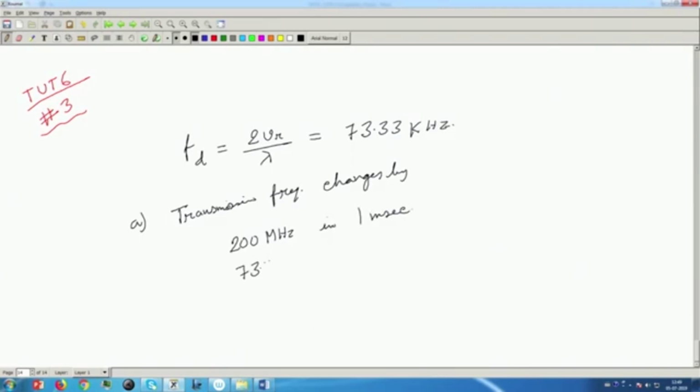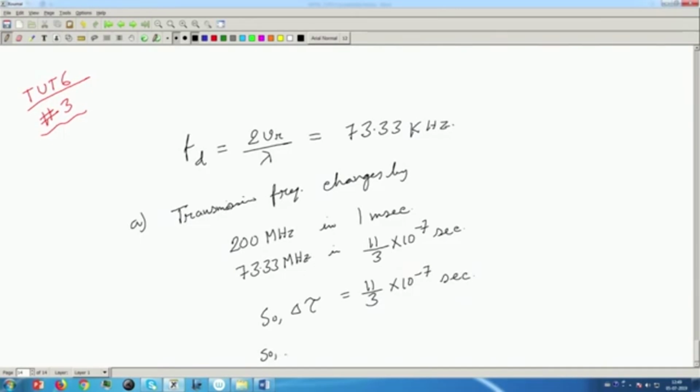So, how much time will it take to change by 73 kilohertz? It is 11 by 3 into 10 to the power minus 7 second.